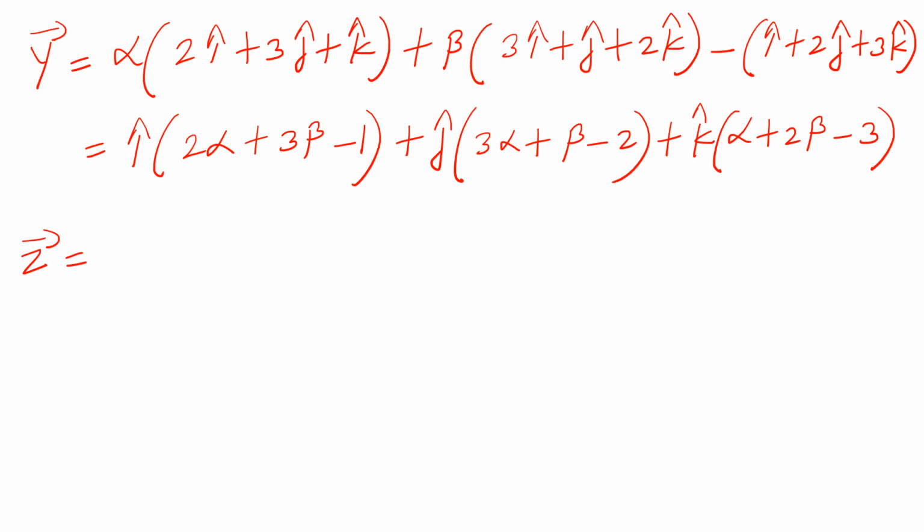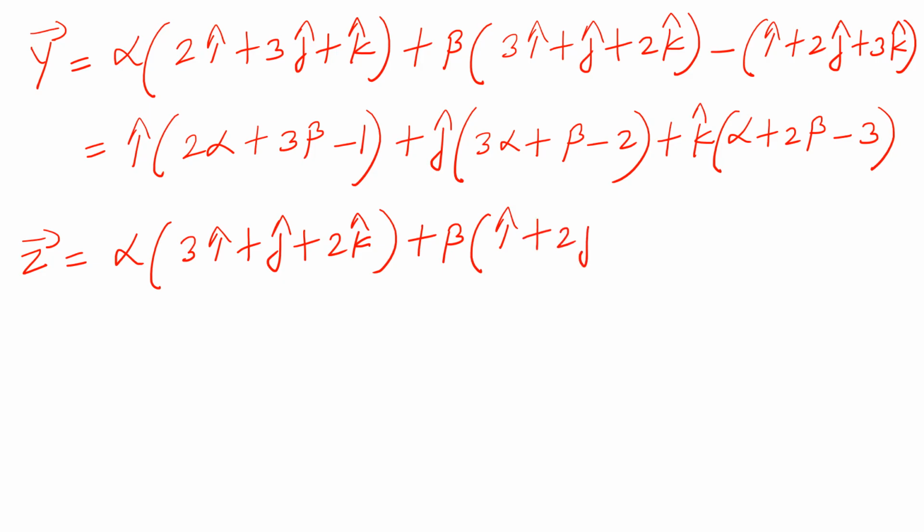Now students, we find capital Z vector. This is equal to alpha z plus beta x minus y. So this becomes alpha into (3i + j + 2k) plus beta into (i + 2j + 3k) minus (2i + 3j + k).